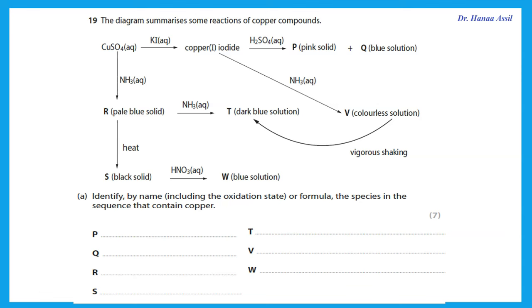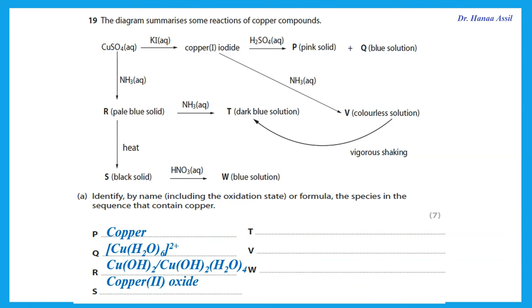So overall, when we're told to identify, we found that P is the copper metal, Q is the complex with 6 water, R is the complex with 4 water and 2 hydroxides, S is the black solid, the copper oxide, T is the complex between copper and ammonia and water, copper 2 plus.